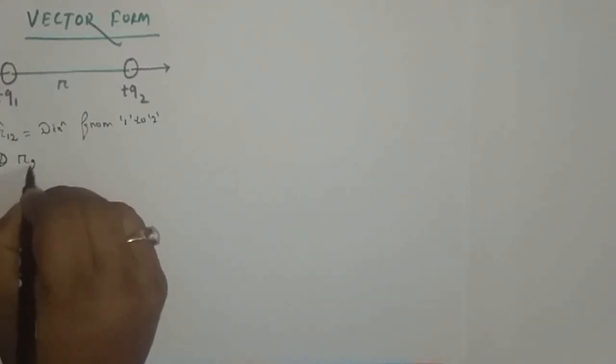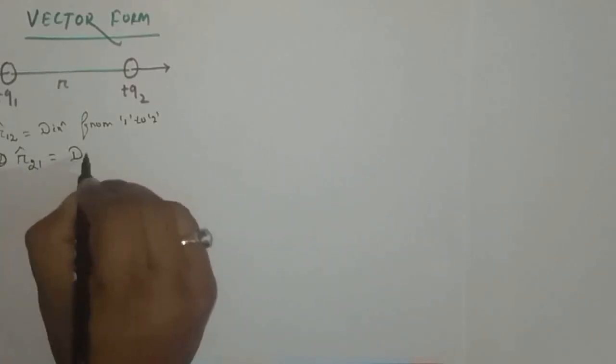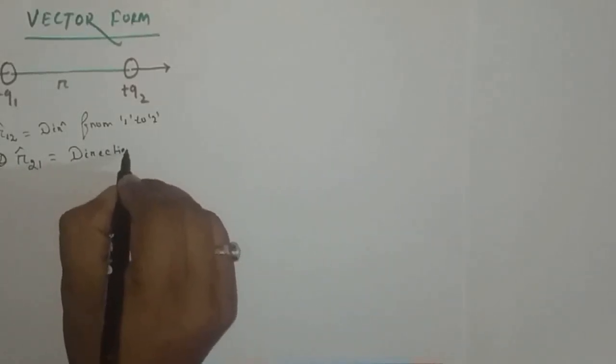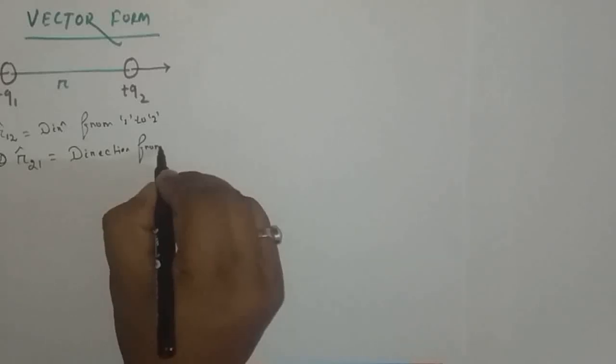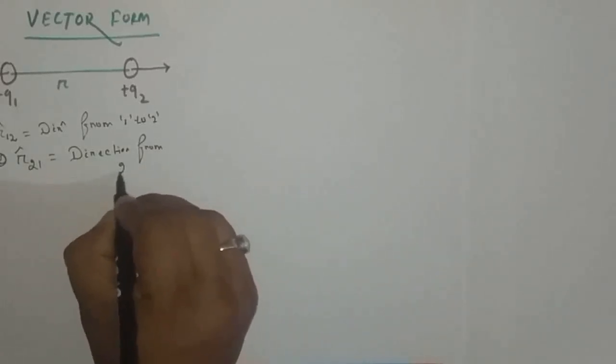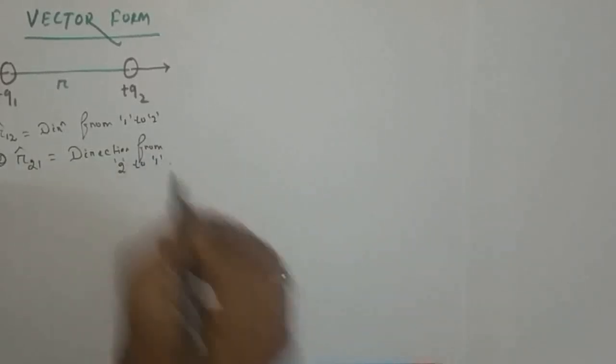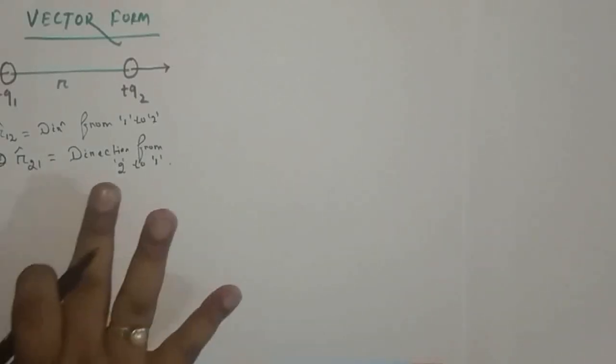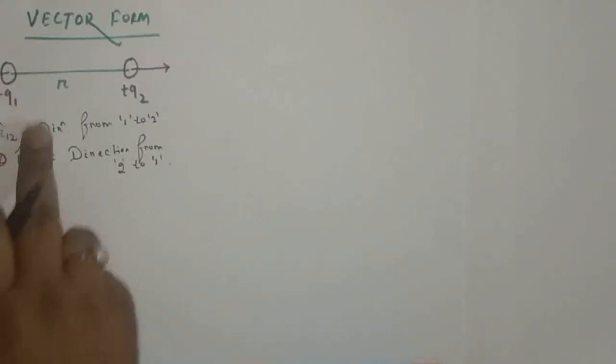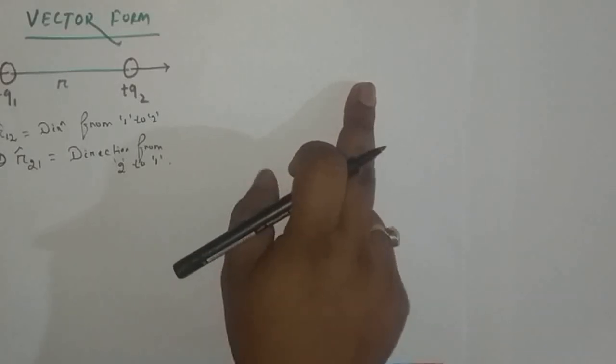Now I will take R2 1 cap. What is it? Direction, unit vector direction from 2 to 1. Is it okay? R1 2 cap means the direction it represents 1 to 2.